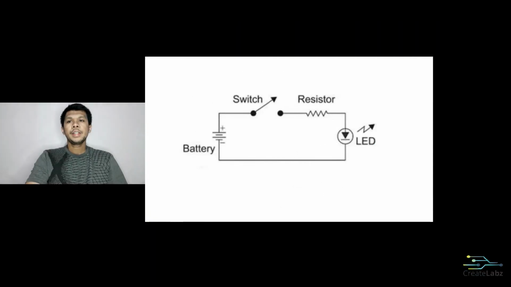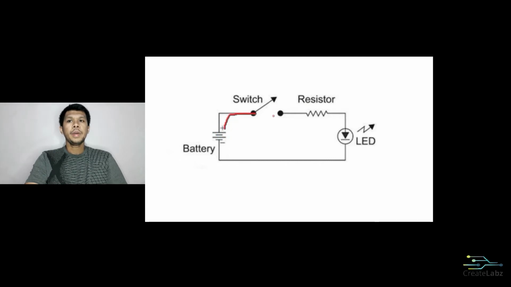I have here a circuit involving a switch. We have a battery, a switch, a resistor, and a light-emitting diode or LED. It's important to note that the LED is an example of a diode that emits light when current flows. Now, the current will flow from positive going to negative for conventional current flow.